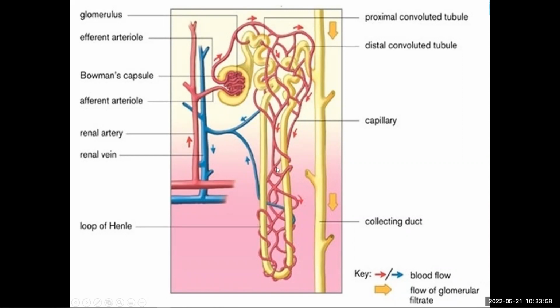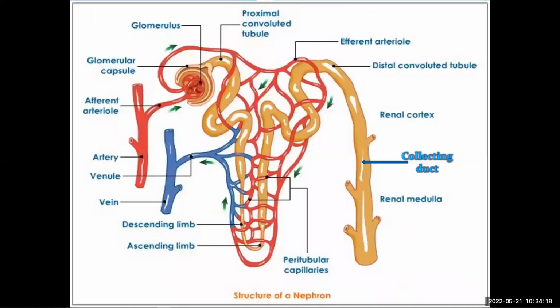That is important. And then of course, all of these connect to the afferent arteriole, shown here, and then ultimately it goes to the renal vein, and then to the inferior vena cava, into the heart, and via the aorta, then is distributed into the systemic circulation.